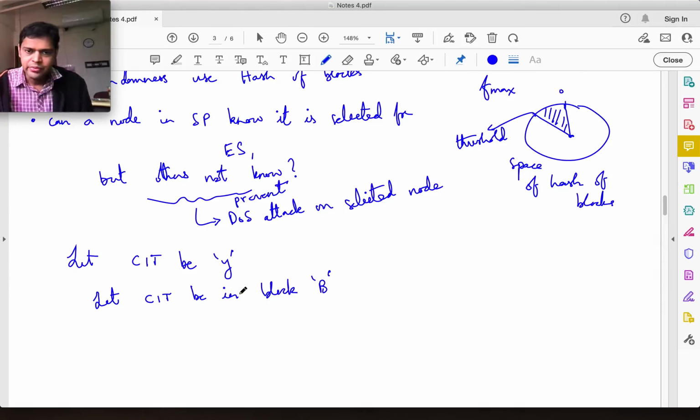So what we are going to do is create some X, which is the hash of the block. So this is unpredictable.